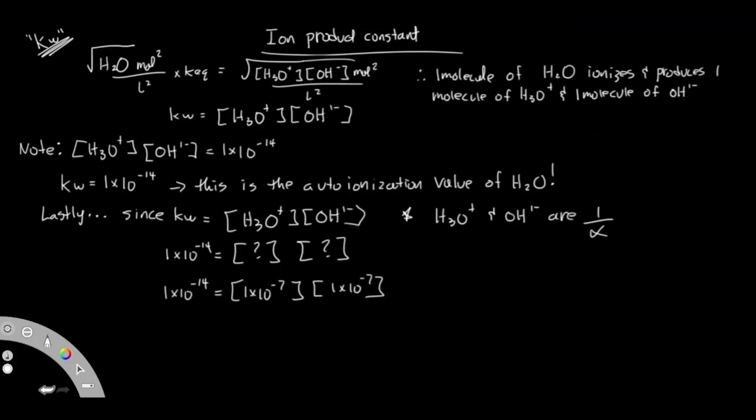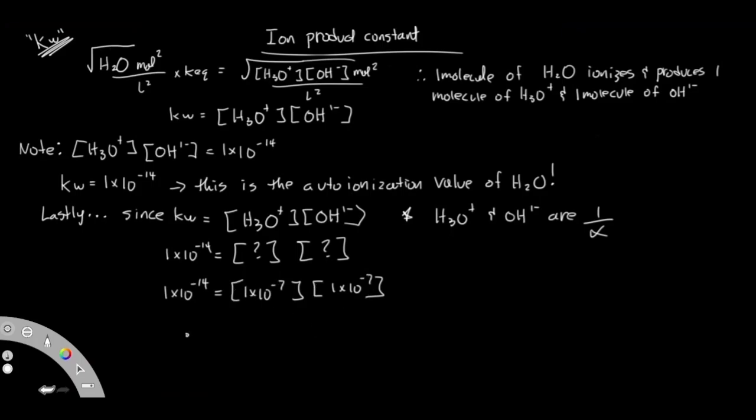An easier way to look at that is because obviously you have these two things that we are trying to figure out. If we don't know what these are, you would just square root it, and it's going to give you 1 times 10 to the negative 7. So that's why these here are our values. Again, of course, these are in concentration brackets, so we could also deduce here that the concentration of both the hydroxide, let's say this one, and the hydronium, this one here, are technically 1 times 10 to the negative 7 moles per liter.